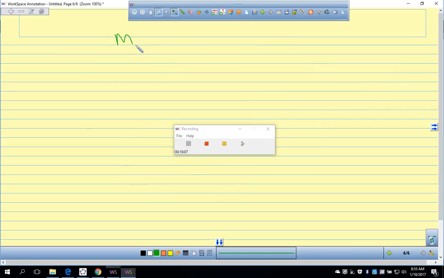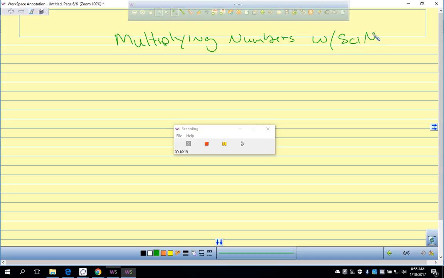Multiplying numbers with scientific notation. And that happens a lot in science. Okay? So say I want to take 3.1 times 10 to the negative third, and then I multiply it by 2.45 times 10 to the negative fourth.